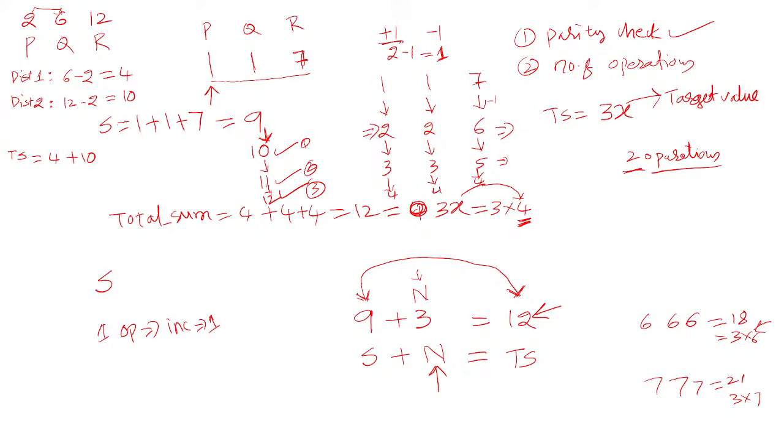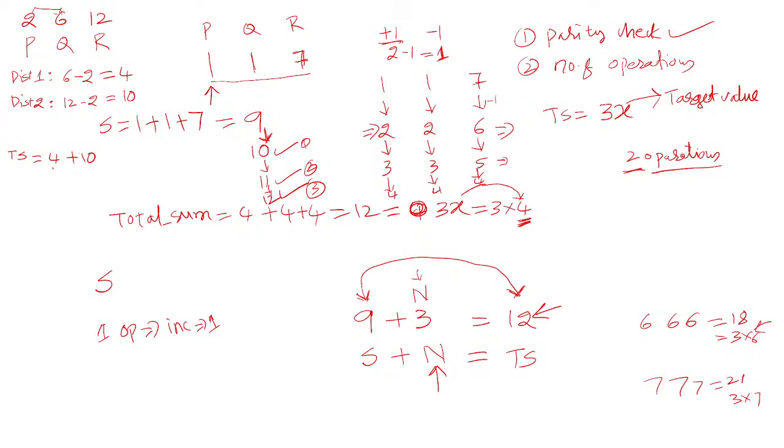That means the first number has a distance of 4 units with the second number, and a distance of 10 units with the third number. That means the first number has a total distance of 14 units with these two numbers, if it has to become equal to the other two numbers. So this is the total distance.